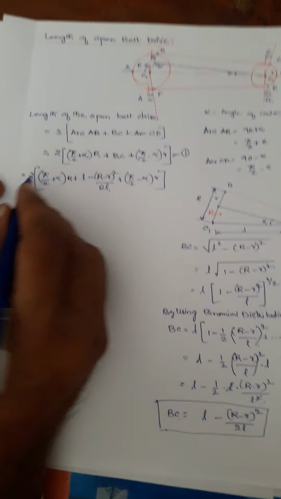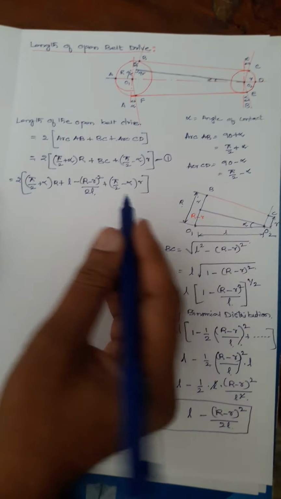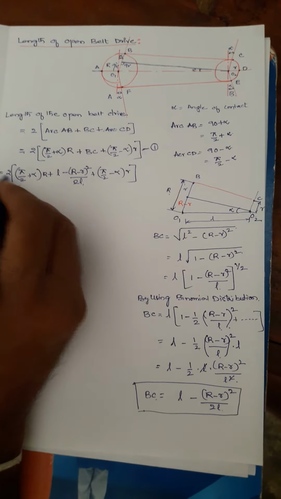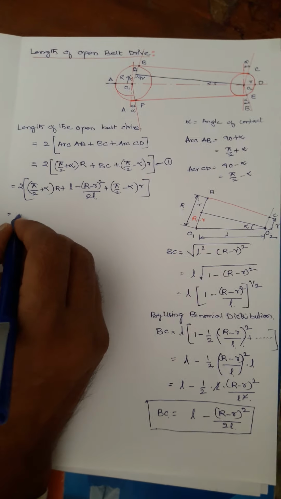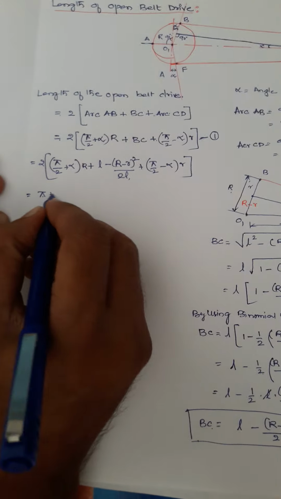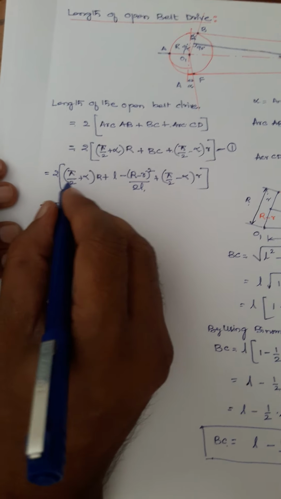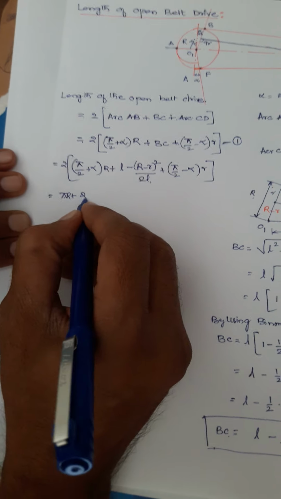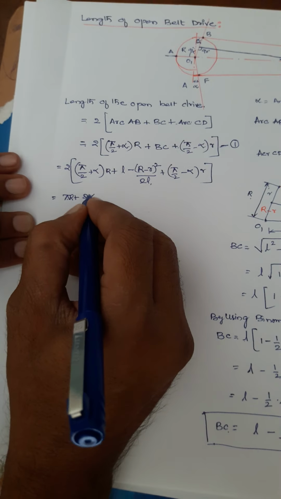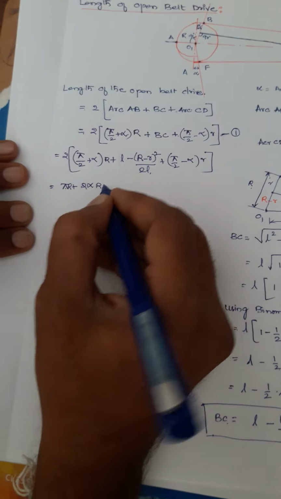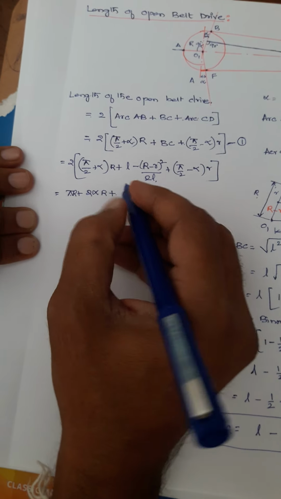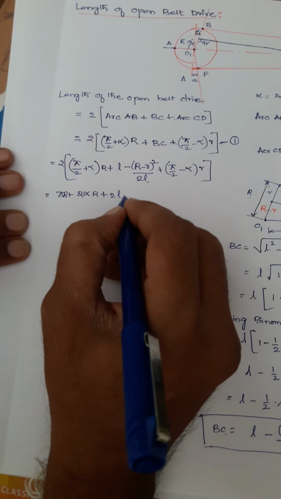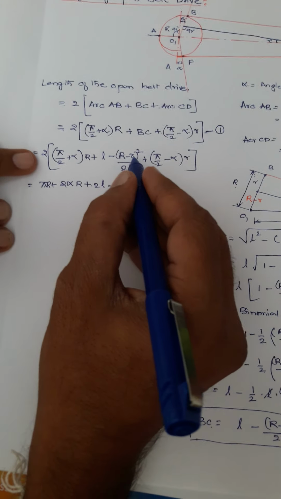Now I will multiply these out and rewrite the equation as: 2 into pi by 2, the 2 gets cancelled, so you will only have pi plus 2 alpha. This is pi into capital R, plus 2 alpha into capital R, plus 2 into L, that is 2L, minus 2 into capital R minus small r square by 2L.